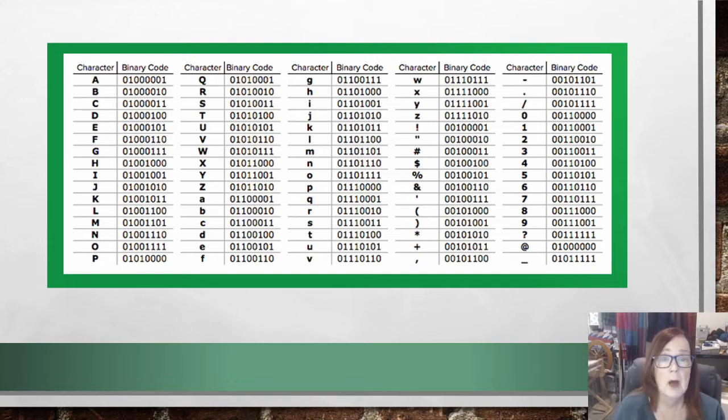And also keep in mind that this is just one of a number of different coding systems that can be used to interpret zeros and ones in a way that human beings can understand, because this is just the Roman alphabet and the simpler Arabic numerals, and not a whole lot more than that.